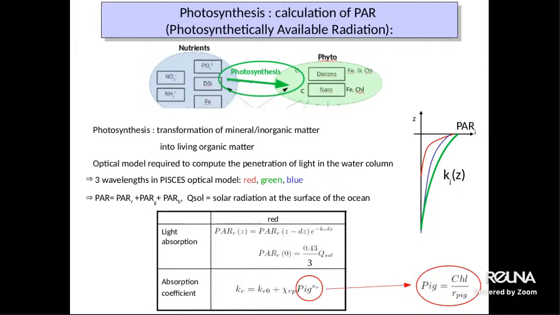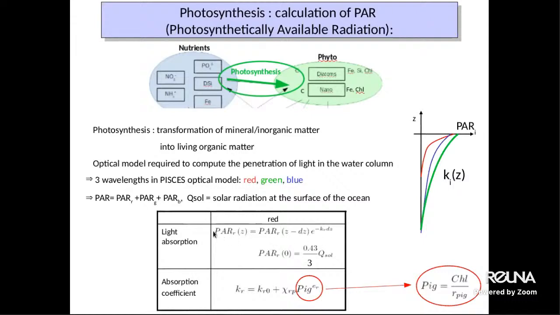So for each of these wavelengths, you compute a part of the energy. The PAR means photosynthetically available radiation. So you compute the PAR for each wavelength, and the PAR is computed as follows.